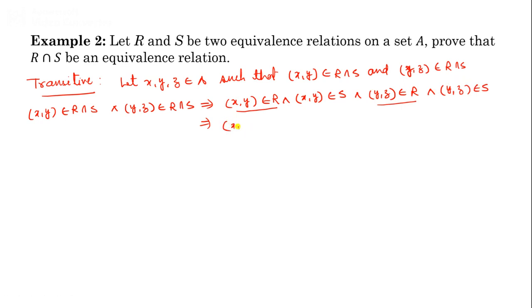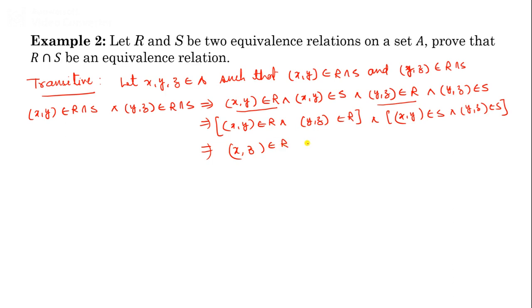Now (x, y) belongs to R and (y, z) belongs to R, you can write (x, z) belongs to R, and similarly (x, z) belongs to S.